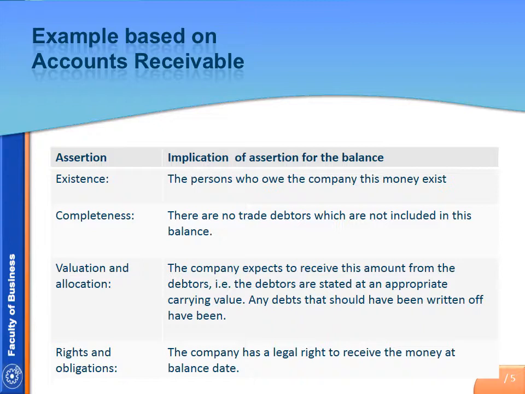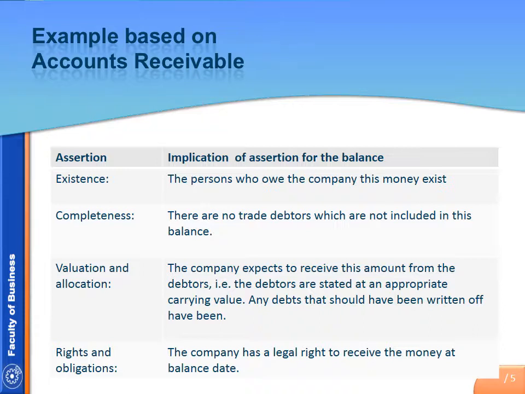So the assertion that comes under pressure is existence and valuation. So that there may be some debts included in the accounts that don't actually exist at balance date, and there may be some values that are incorrectly stated, so that potentially some doubtful debts may not have been provided for, or if appropriate, written off.